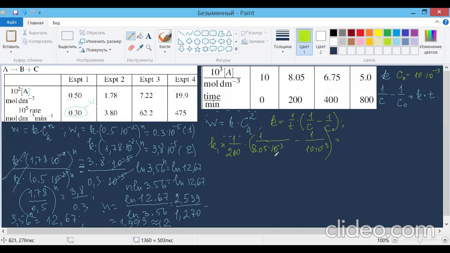For that reason, we can write 10 raised to 3 in the denominator. In these two fractions the denominator will be the same, so we can put it before the round brackets, and finally we get this one.